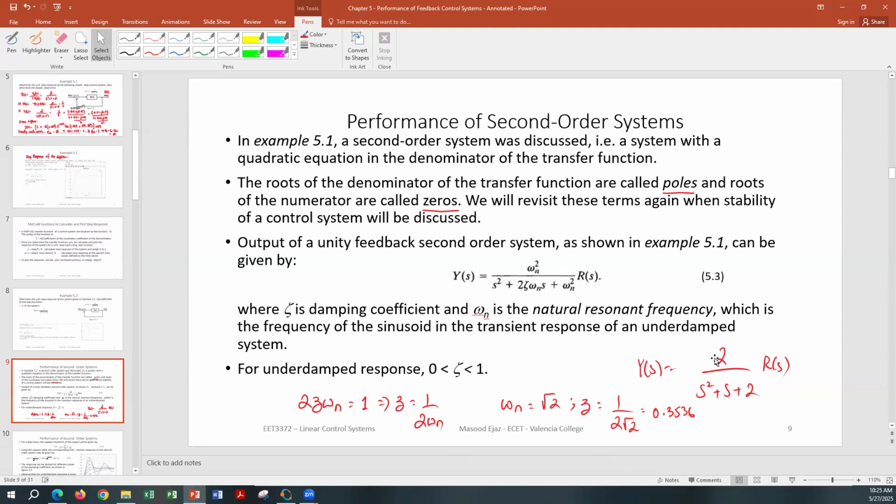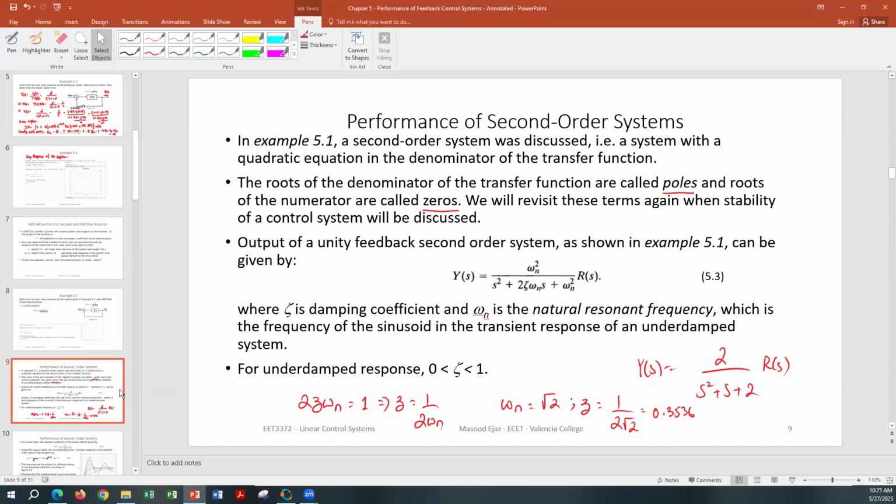So we wrote down the expression, divided and multiplied the expression by omega n square, and then rewrote the numerator as a multiple of the whole expression. And that multiple carried out in your time domain expression. In this case, it is exactly how it is written in the generic expression, with omega n to be square root of 2 and zeta to be 0.3536.